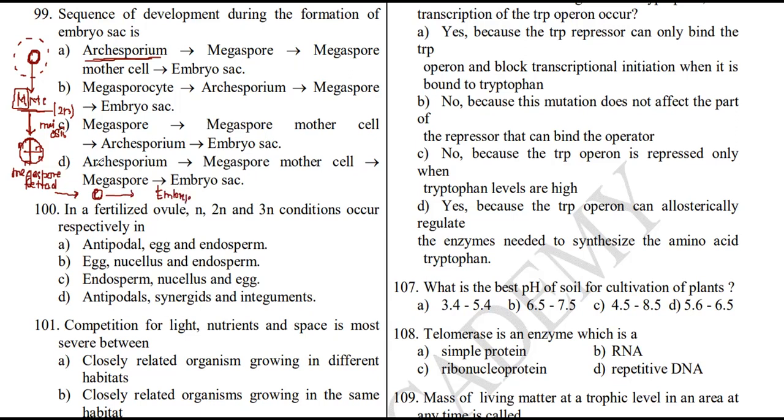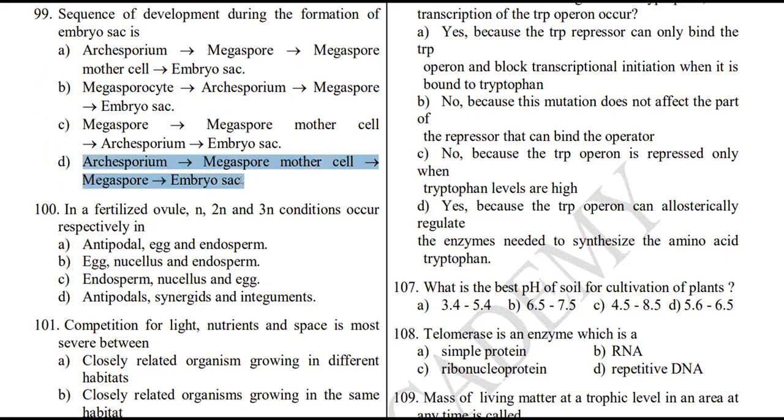So first it is the archesporium, second is the megaspore mother cell, which is MMC and diploid. It undergoes meiosis to form the megaspore, and the megaspore finally develops into an embryo sac. So what's the answer for this question? We can say the answer is going to be option D. Okay, yes.